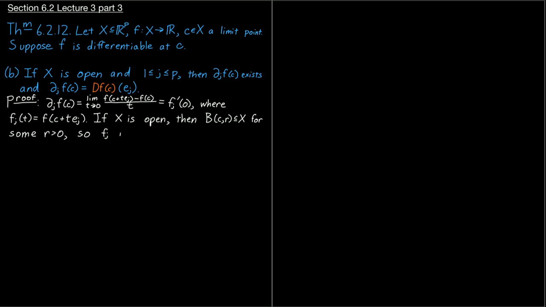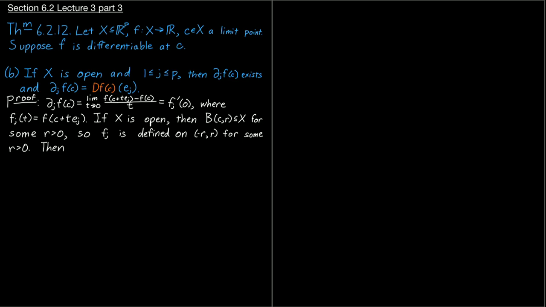So fj is defined on the interval from minus r to r for some r greater than 0. So we can at least potentially differentiate this thing.